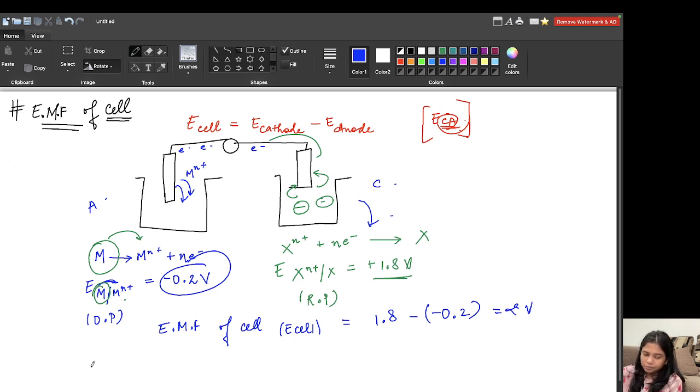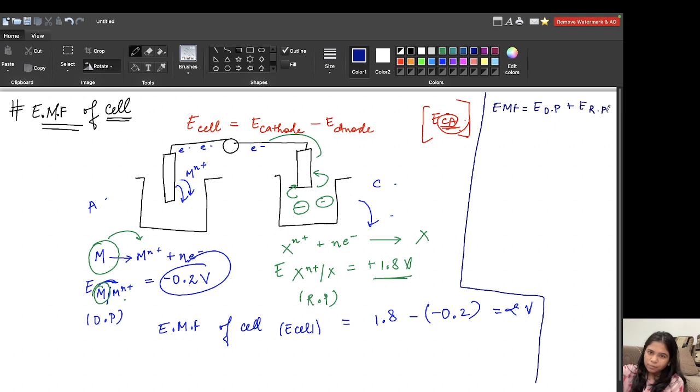Right? Now how did this formula come? Just check here. We know EMF of the cell will be equal to E of oxidation potential plus E of reduction potential, right? This was for anode and this was for cathode. Now if I want everything in reduction potential, what will I do?